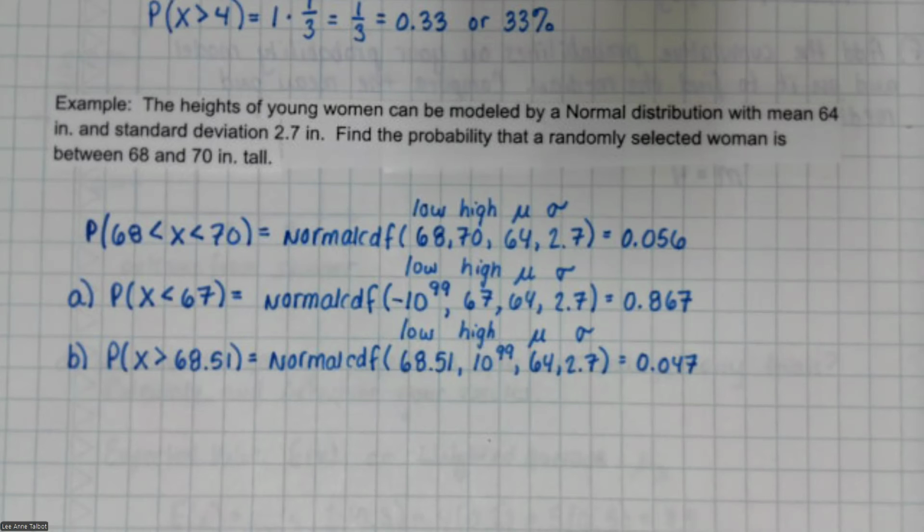Do you remember what it was when it was equal to the number? It was 0 because it's just a line and that doesn't have any area. So just in case that happens, I want to throw that out there, but don't freak out. These are your only options for normal CDF. So if the or equal to is there, it doesn't change anything.